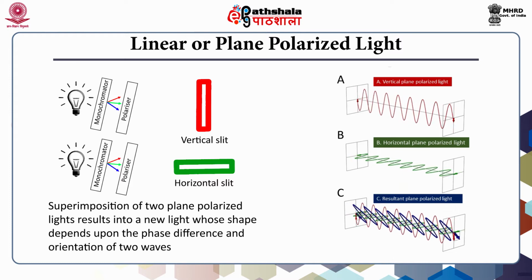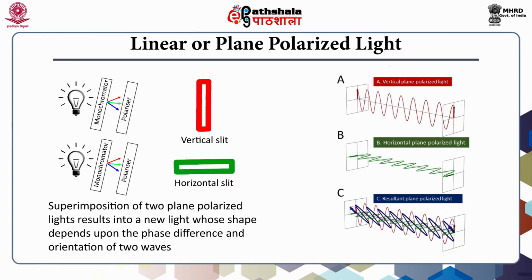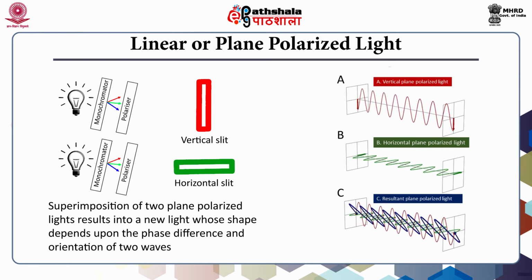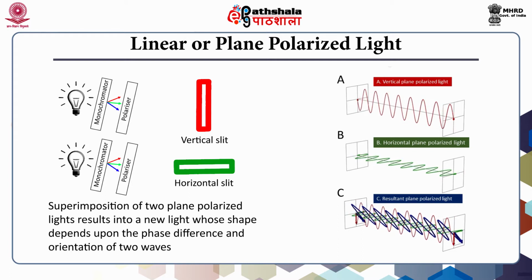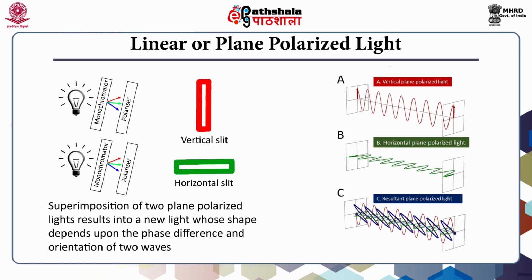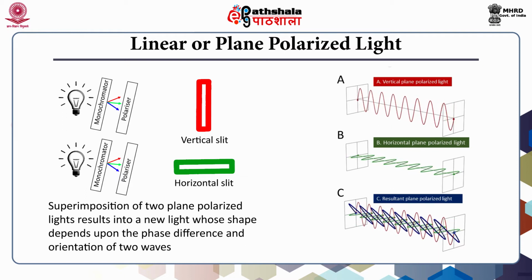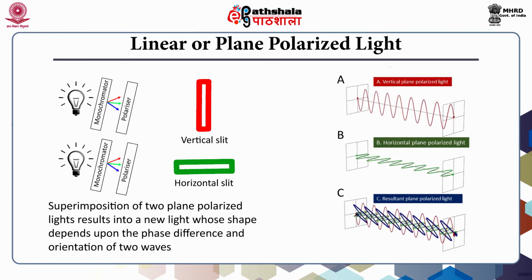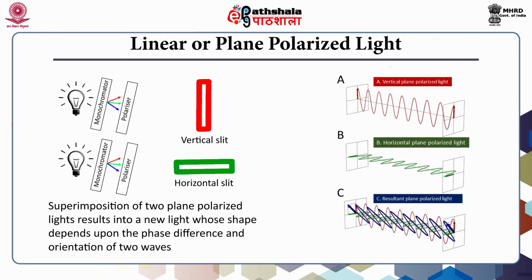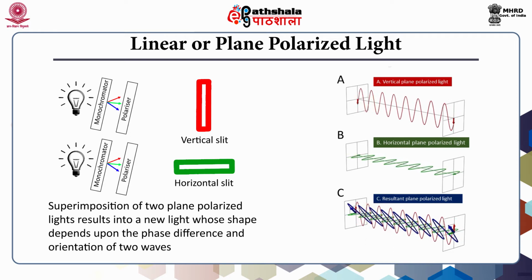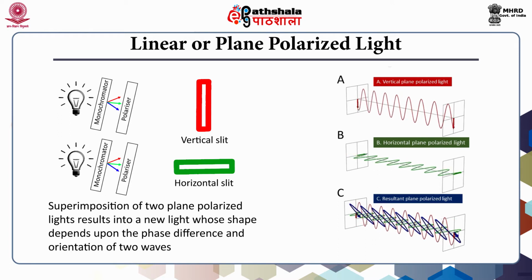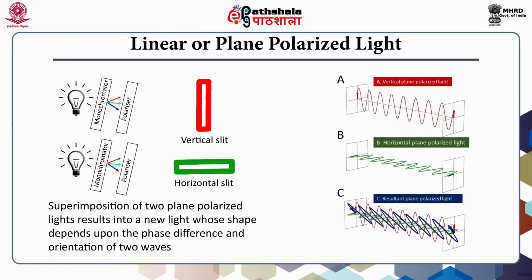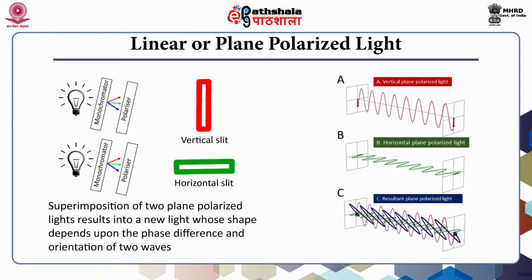In this particular case, both the waves, horizontal and vertical, are in phase. So the resultant wave is also in phase, but the amplitude is different, and the plane of oscillation has changed. So this is the case of production of linearly polarized light and their superimposition resulting in a new wave.